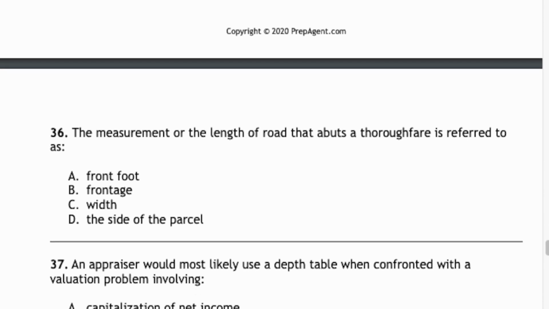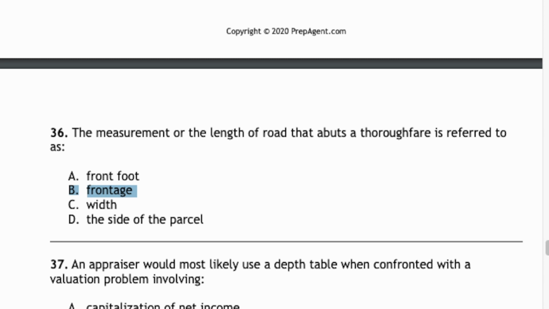The measurement or the length of road that abuts a thoroughfare is referred to as A, front foot, B, frontage, C, width, D, the side of the parcel. The answer is B, frontage.